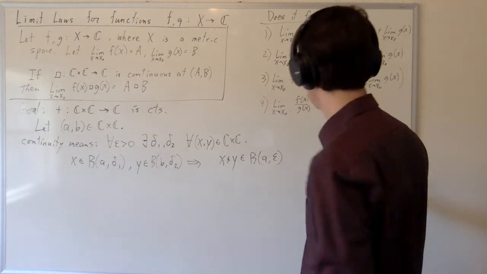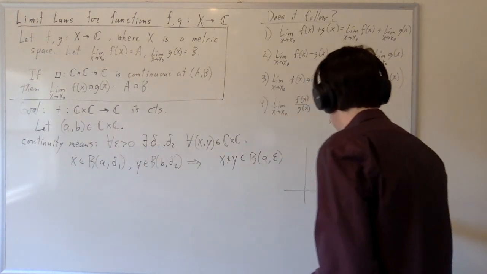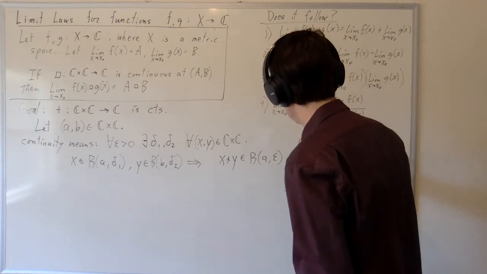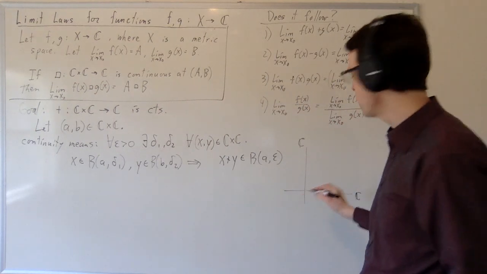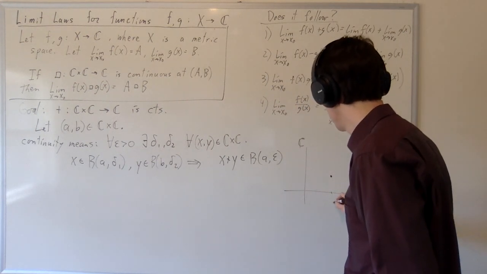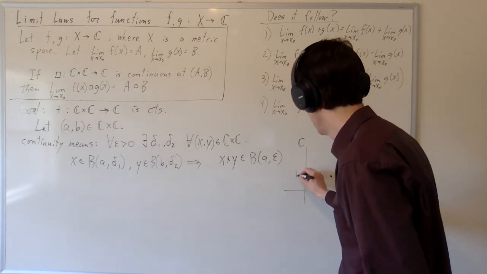So to illustrate here, this is going to be kind of a fake picture of C cross C. Technically, C cross C would need four dimensions for me to draw it properly, so I'm not going to be able to do that.